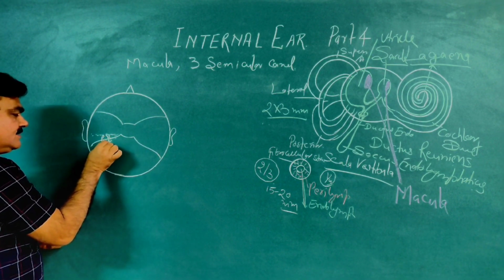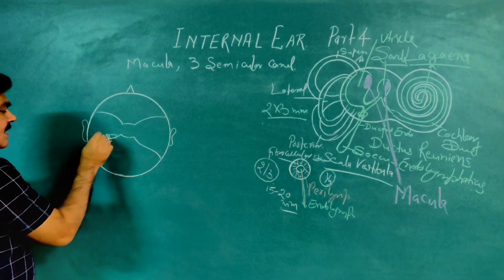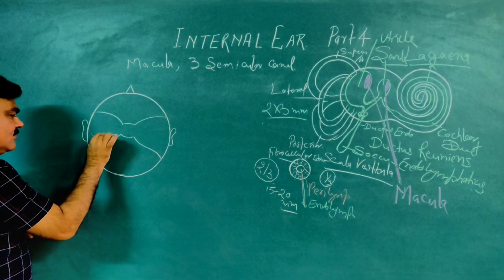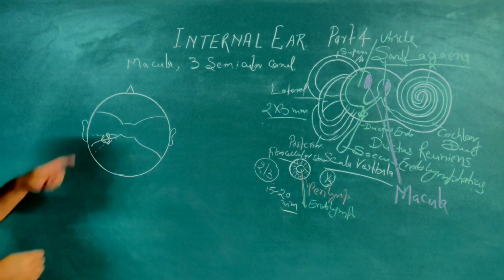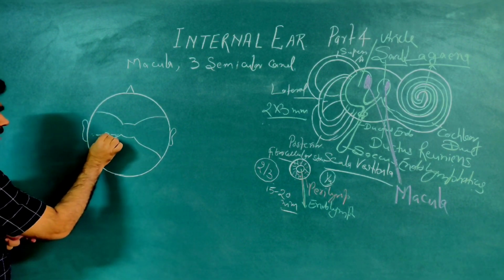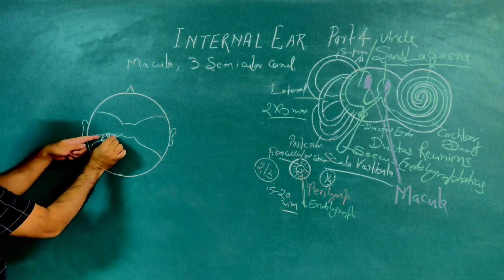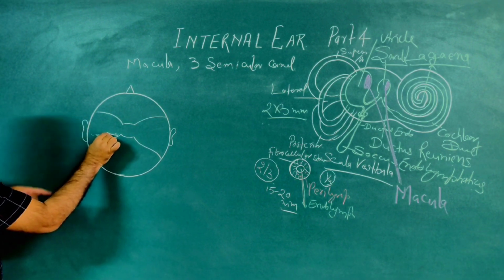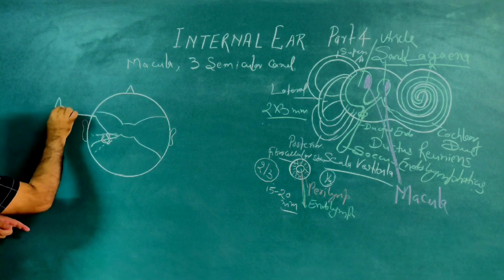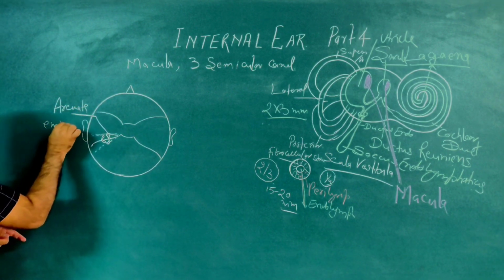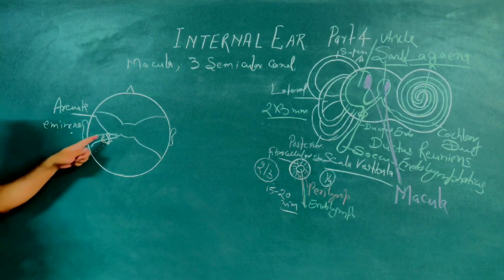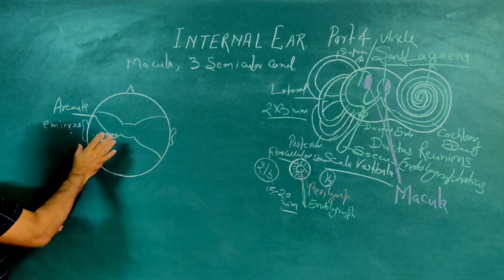So this posterior semicircular canal and this anterior semicircular canal form an eminence known as arcuate eminence. So in the anterior surface of the petrous temporal bone, this arcuate eminence is formed.